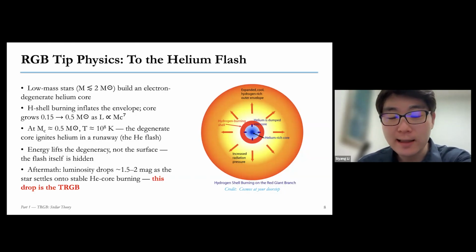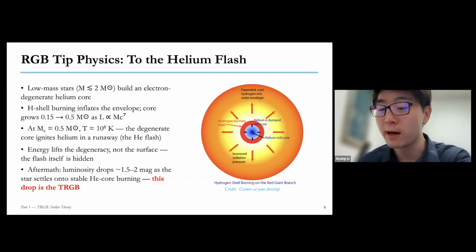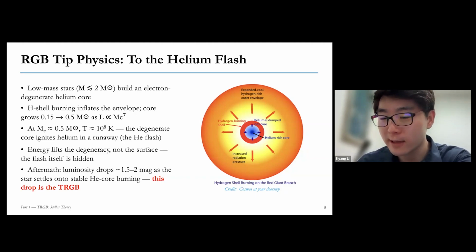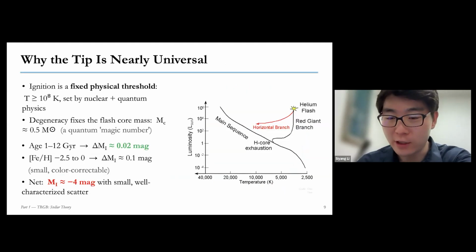So the idea is that as hydrogen burns and burns, these red giant, low mass stars become brighter and brighter. It hits this critical mass, leads to this critical temperature, reaches a maximum brightness, and then falls off and becomes fainter. That's what causes this feature called the tip of the red giant branch.